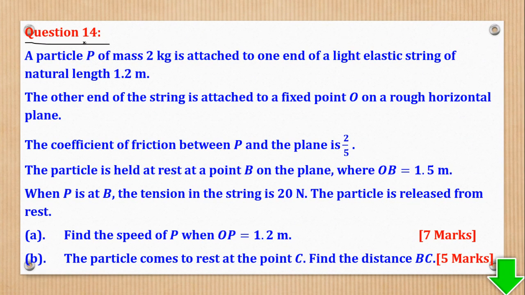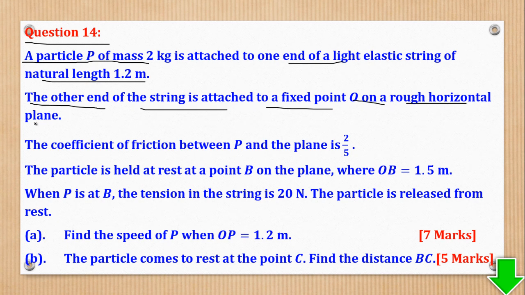Now I shall go to question 14. Question 14 says, a particle of mass 2 kilograms is attached to one end of a light inelastic string of natural length 1.2 meters. The other end of the string is attached to a fixed point O on a rough horizontal plane.